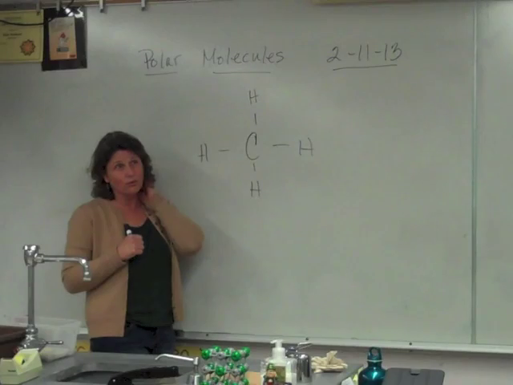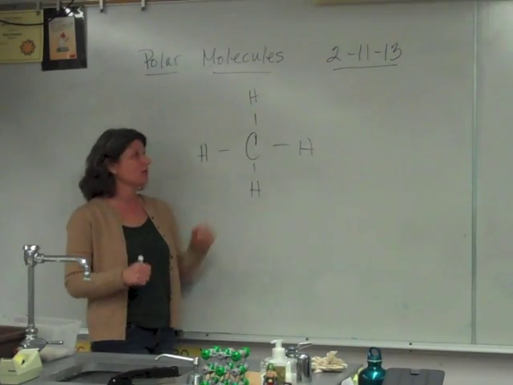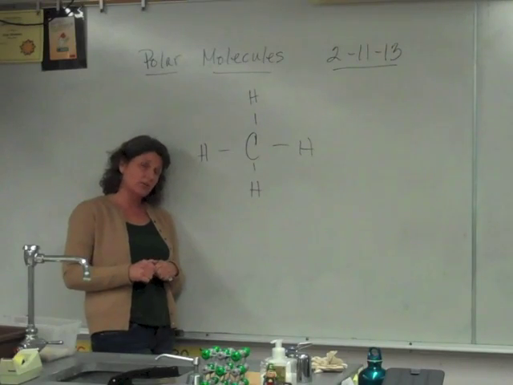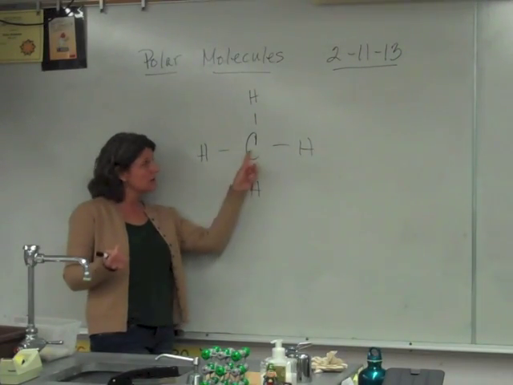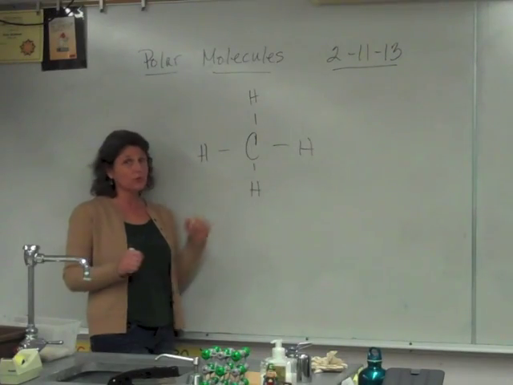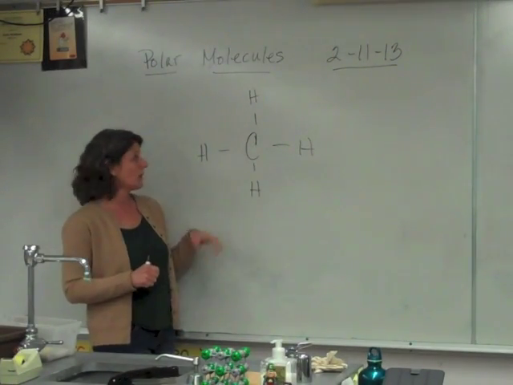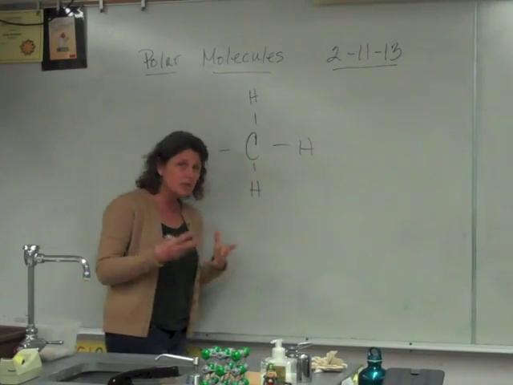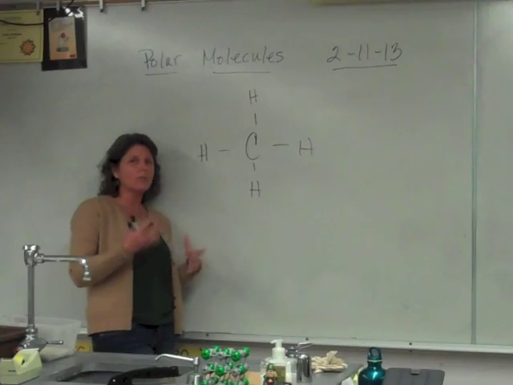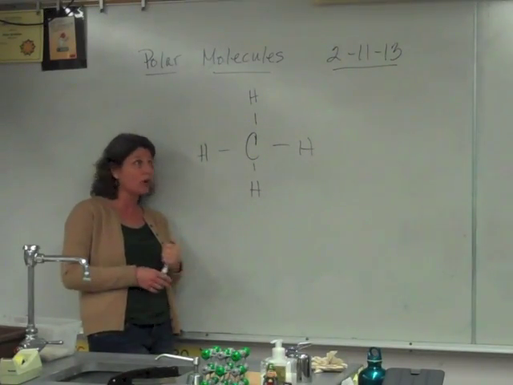And so we say that carbon and hydrogen share their pair of electrons equally between them. So there's no polarity in this bond. There's no one atom that keeps the electrons around itself more often, giving it an overall electronegative charge.